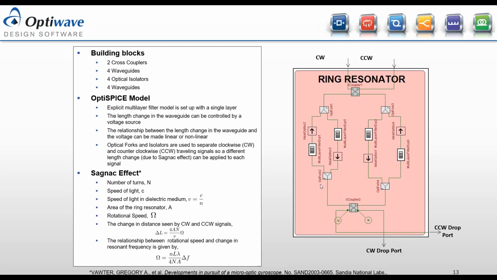Then by capturing the difference in frequency in the two signals, we can calculate the rotational speed using the formula where n is the refractive index, L is the length or the total radius, lambda is the wavelength, divided by the number of turns. In our case, it's only one turn, but you can make this ring resonator much larger, or you can wind it multiple times. And A is the area of the ring resonator.